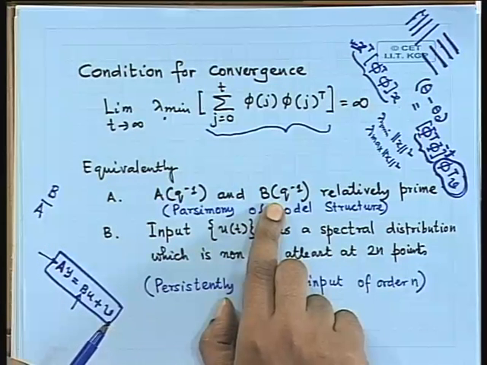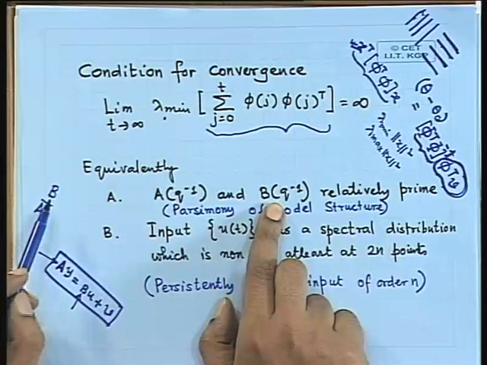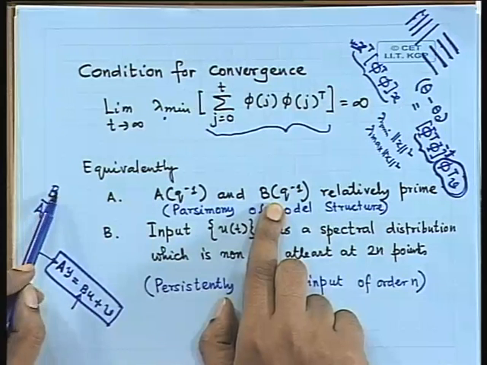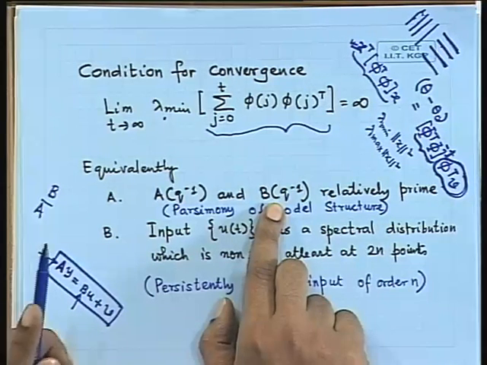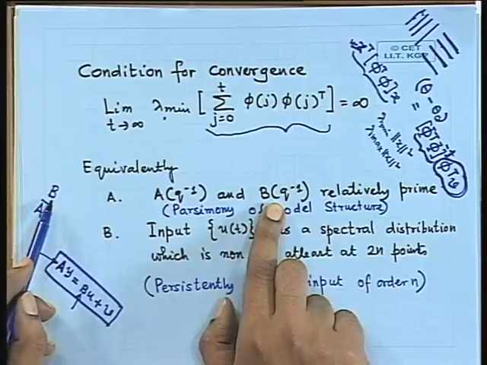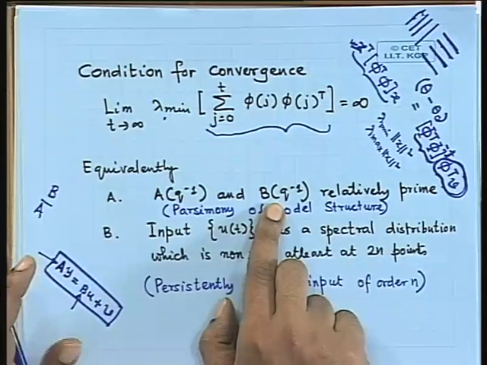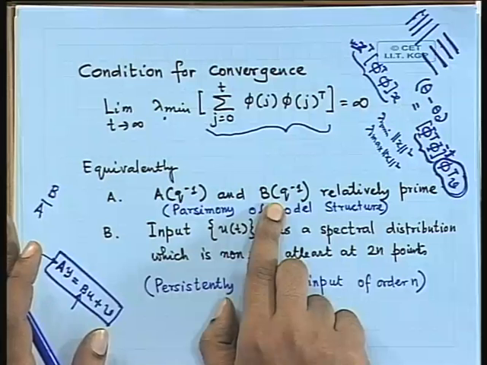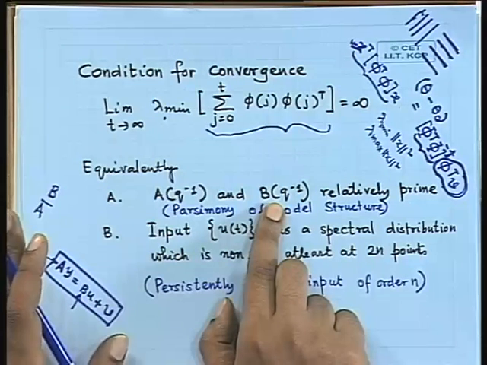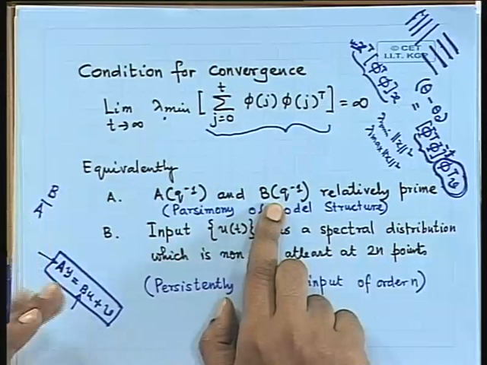If they have a common factor, then you can cancel it, and B by A can be further simplified. But if they do not have a common factor, then B by A cannot be simplified further. It is in its most simplified form. That is why it is called a parsimonious structure. Parsimony means simplicity.